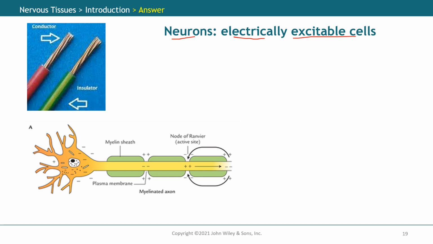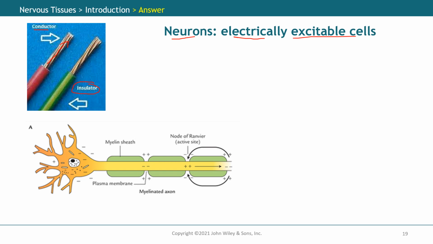Okay, and in the case of neurons, this idea of the conductor, that is the flow of charge, is very important, and the flow of charge will be done by the axon, and the nodes of Ranvier will be important, while the insulator is the myelin, and we're going to talk about that.